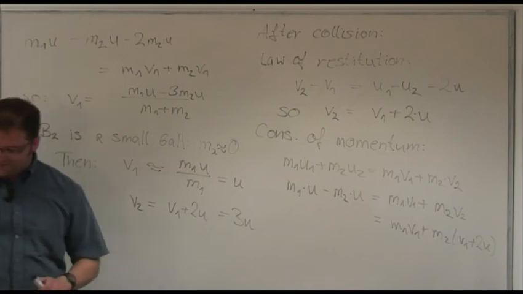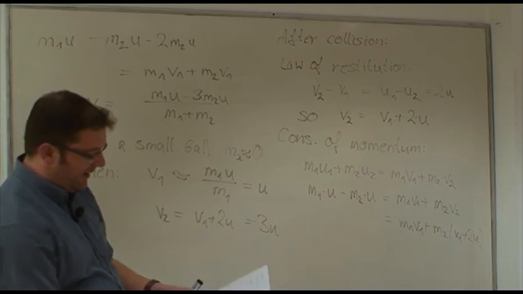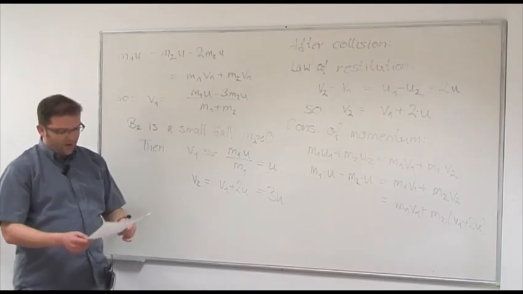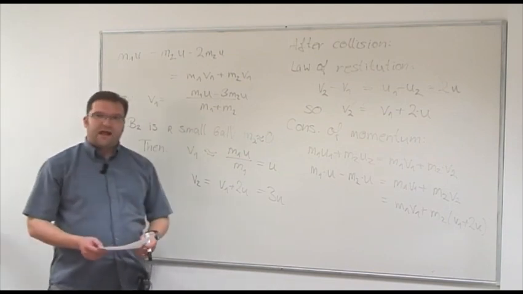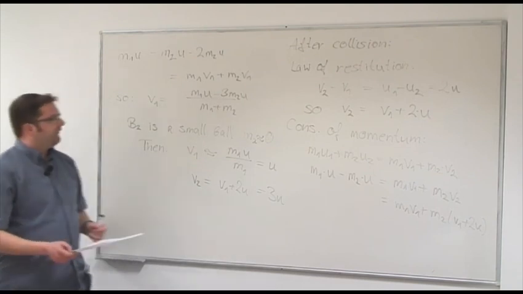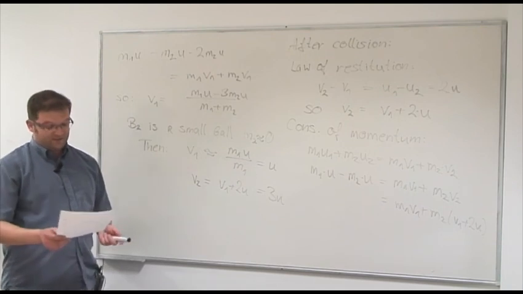And I've got some numbers here. We, of course, made the assumption that m2 is almost 0. But you can do the whole analysis. You can sub in some numbers for the masses of the 2 balls. If B2 was a tennis ball, then its mass is 57 grams, approximately. If B1, the bigger ball, is a basketball, then its mass is about 600 grams.